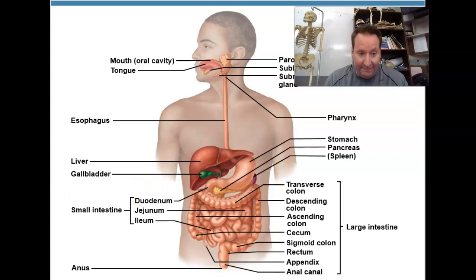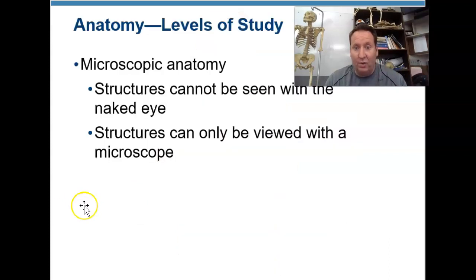We also have microscopic anatomy. With microscopic anatomy, you're observing things that are not observable with the naked eye. You're looking at things underneath the microscope, tissue samples, things at the cellular level.